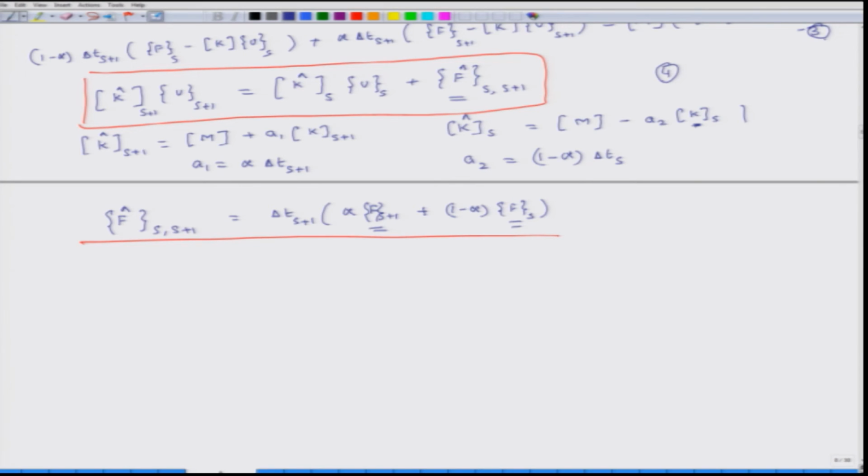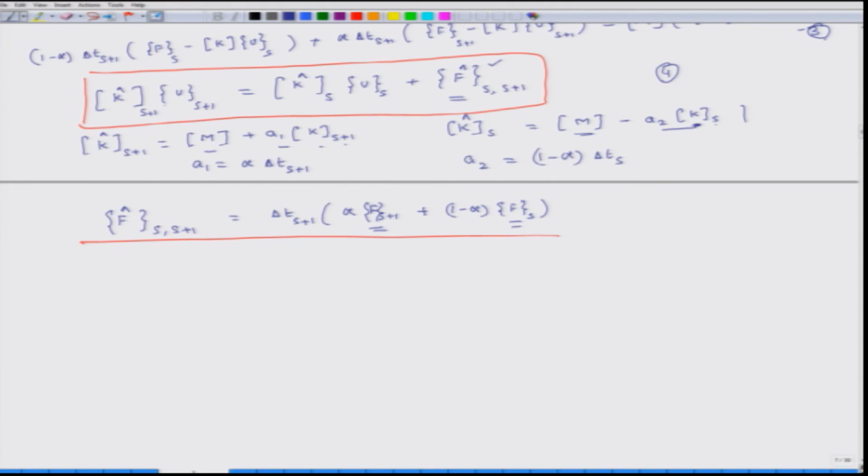So, this term can be calculated at all times. U at time step s should be known, and K hat at s is M minus A2 times K at s. So, K hat at s is also known, K hat at s plus 1 is again M plus A1 times K s plus 1, this is also known.